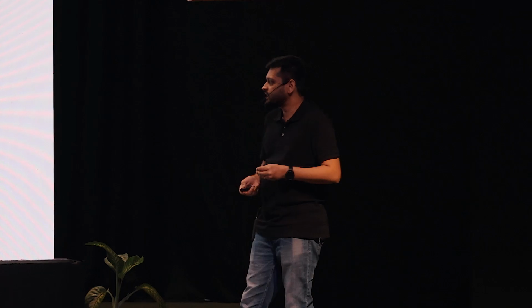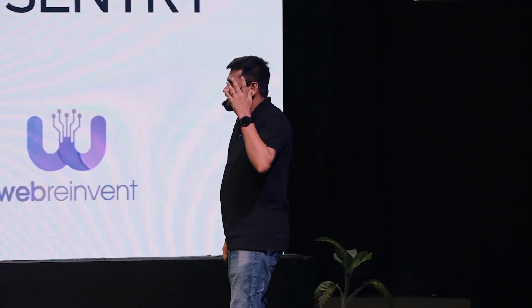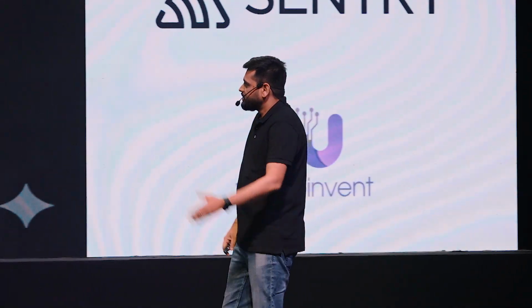Also, with the language that we love, PHP, we were able to test the front end component. That is the best part about this. Yes, this is Livewire, and the whole point here is that now that we can do everything in PHP, let's just ship using PHP itself.